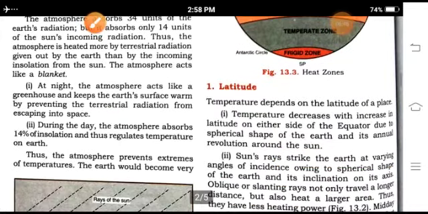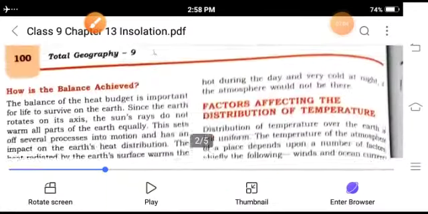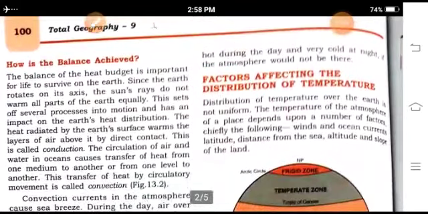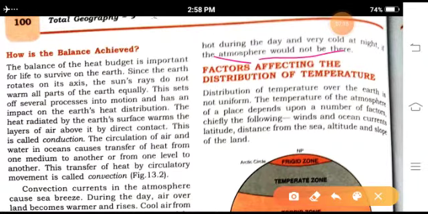During the day, the atmosphere absorbs 14% of insolation and thus regulates temperature on the earth. The atmosphere prevents extremes of temperature. The earth would become very hot during the day and very cold at night if the atmosphere were not there.